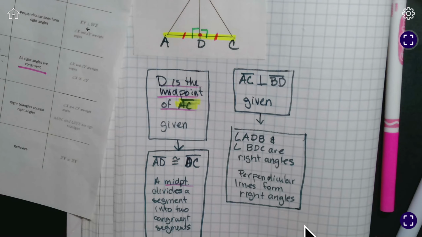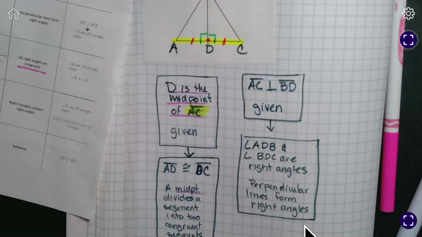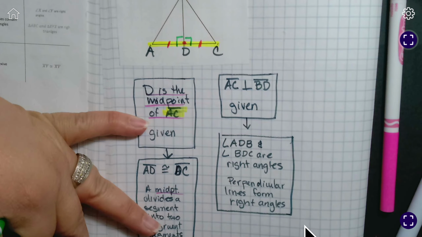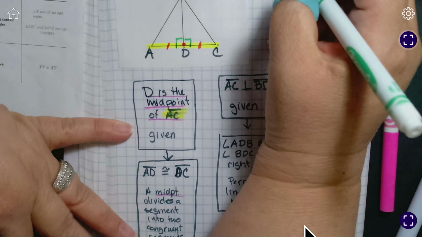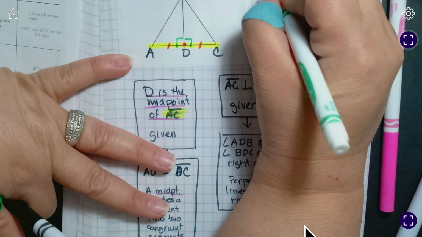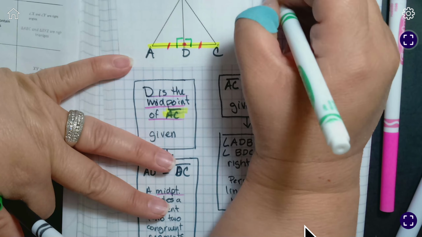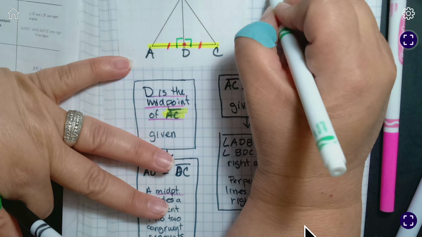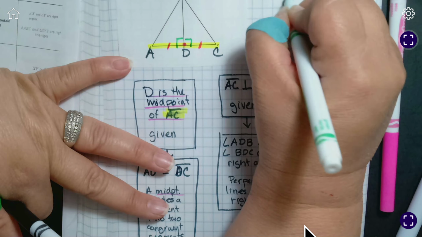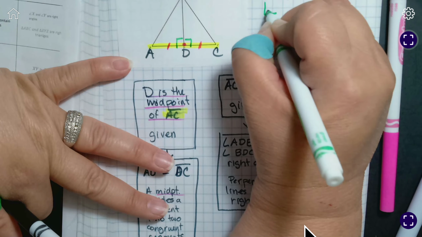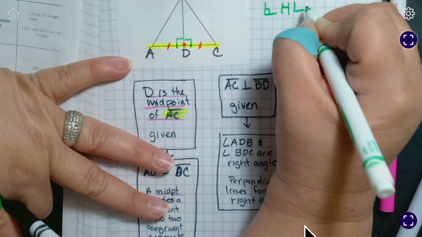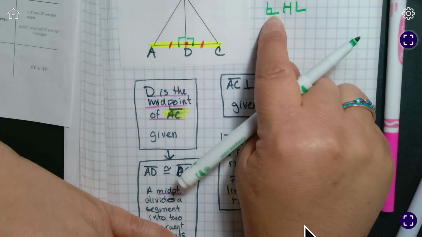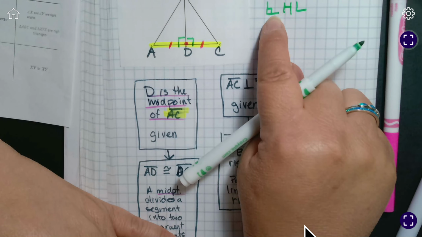So you have to look at your picture, and at this point you really have to start thinking about which one it's going to be. Because this can give you congruent angles, but it can also give you this triangle, a right triangle right here.